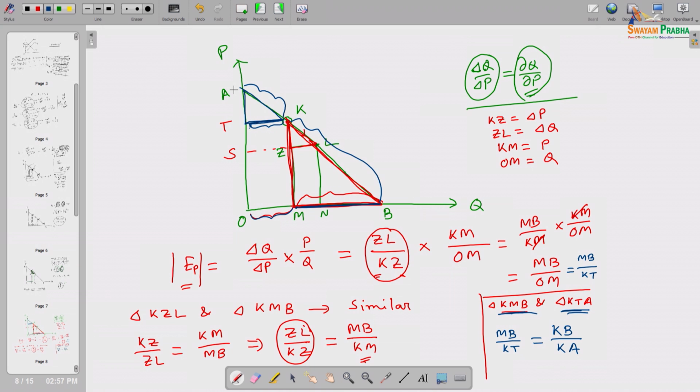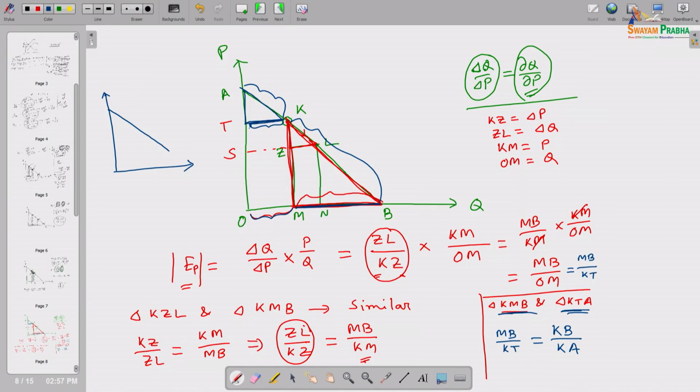What are we landing at? If we have a linear, downward sloping, usual straight line demand curve, at a point, what is the absolute value of the own price elasticity of demand? This distance by that distance. That result we have proved here.